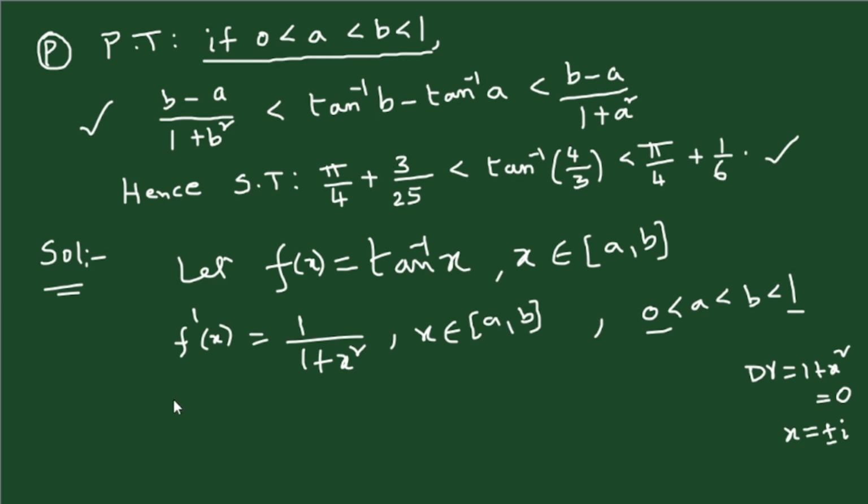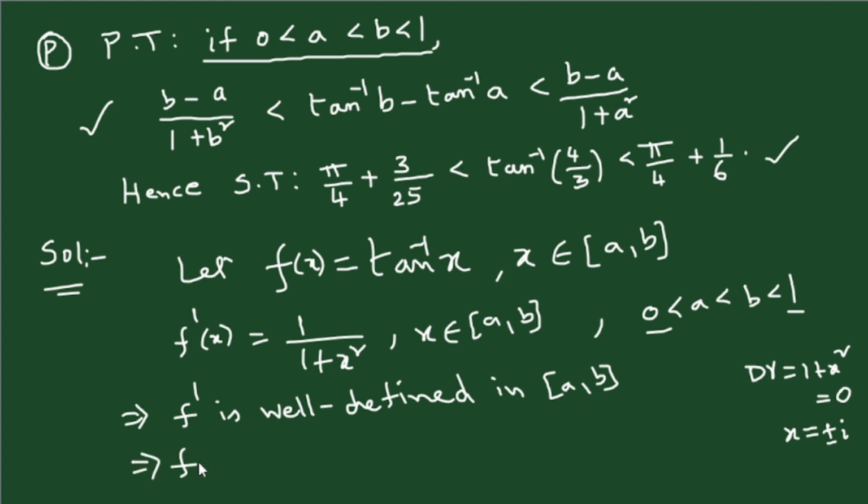Therefore, f dash is well defined in the interval [a, b]. F dash is well defined means what? F is differentiable. So f is differentiable in the closed interval [a, b], but the open interval (a, b) is enough for us.